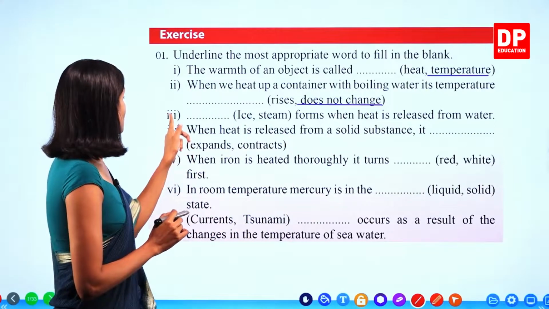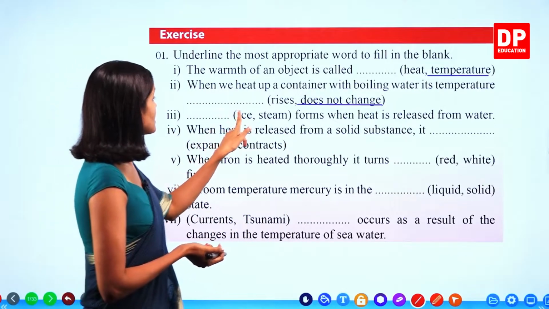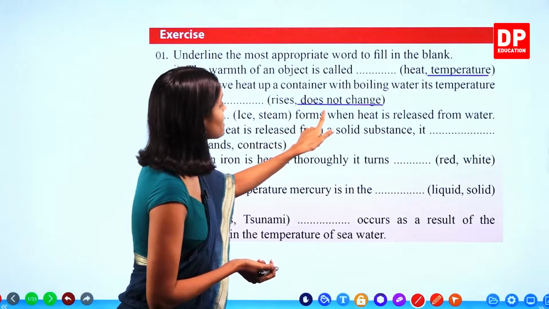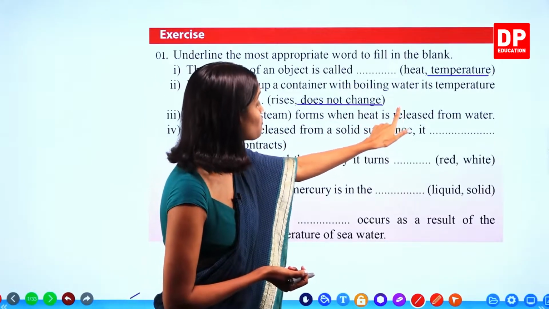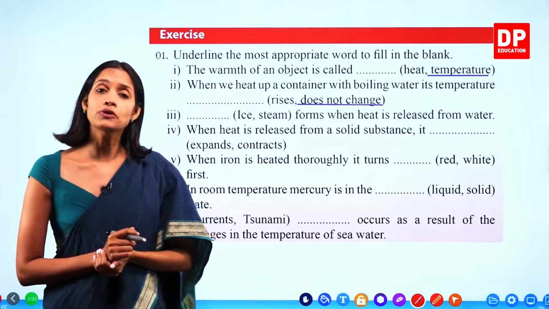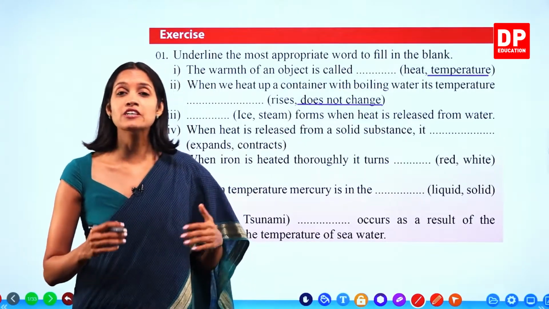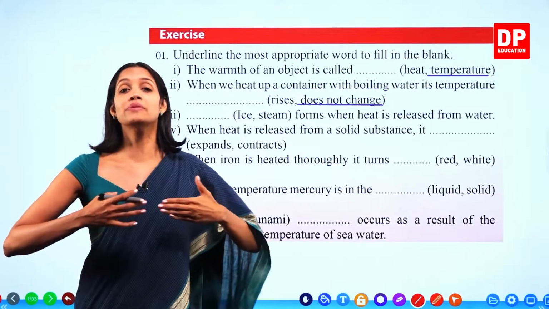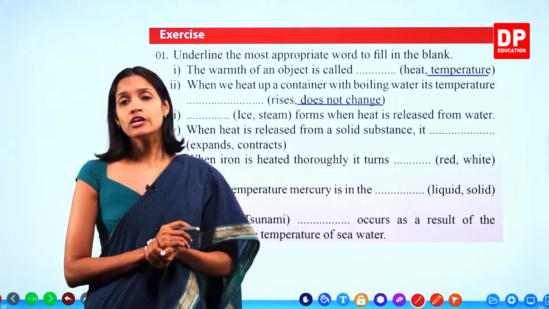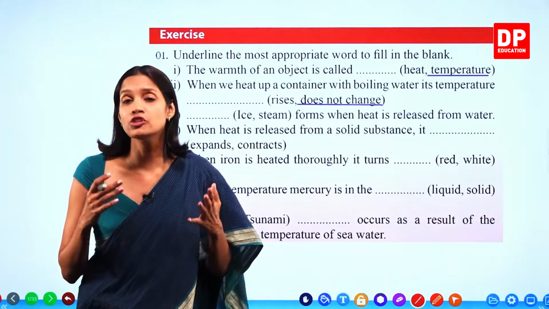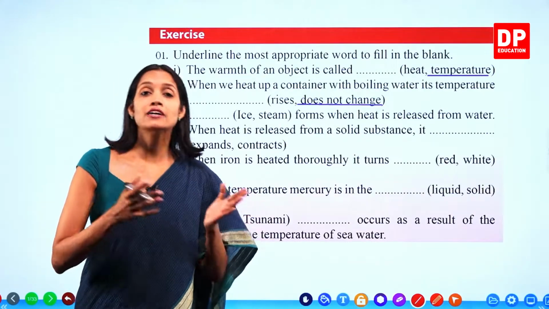Right. Number 3. Ice steam forms when heat is released from water. You all know that change of states of matter takes place because of absorption of heat and because of release of heat. So what happens when we provide heat to a solid? The solid starts to melt.